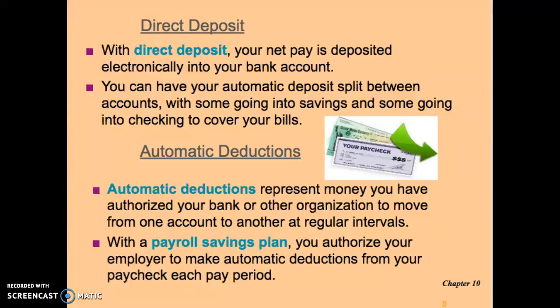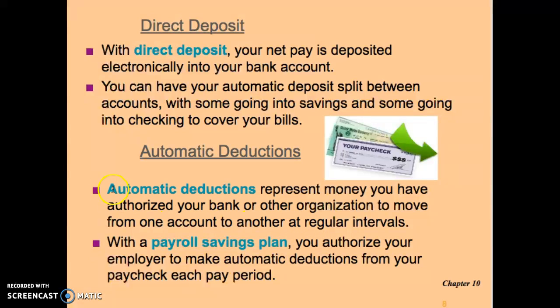Automatic deduction is another way that your bank can service you, and what you're telling them is to move your money from one account to another at regular intervals. So let's just say I get paid on the 15th of every month. Instead of splitting my direct deposit, like I talked about above, what I might do is ask them to take out $100 of my direct deposit on the 16th and put it in a savings account.